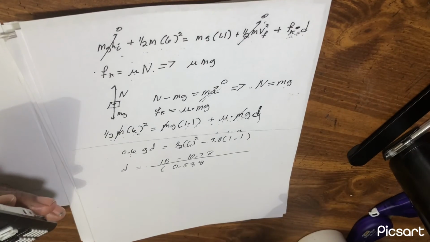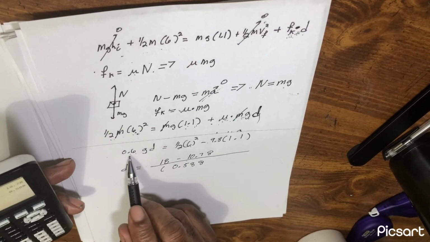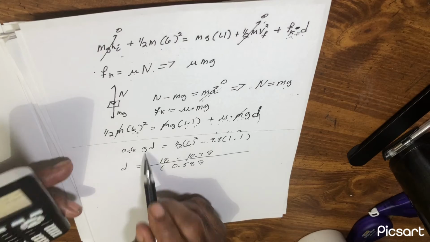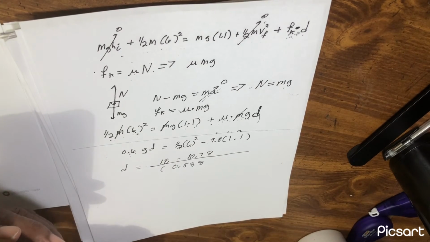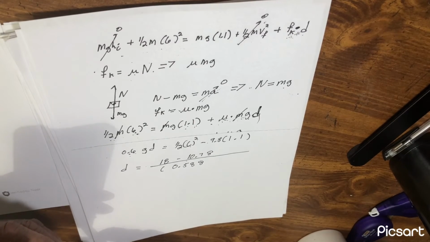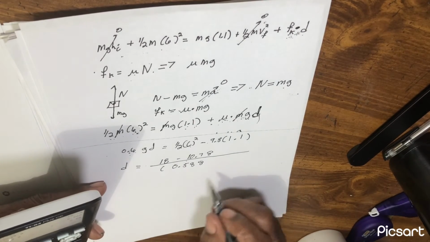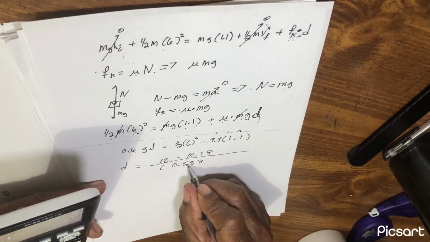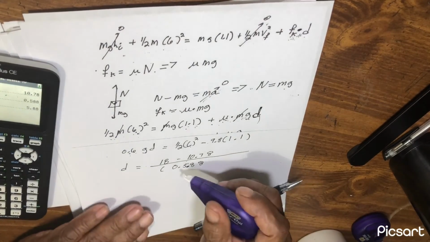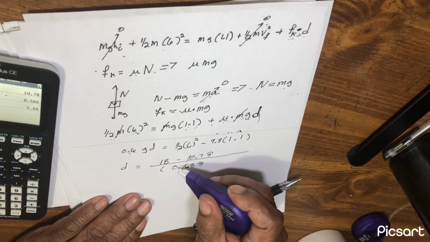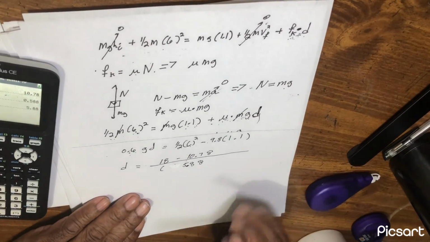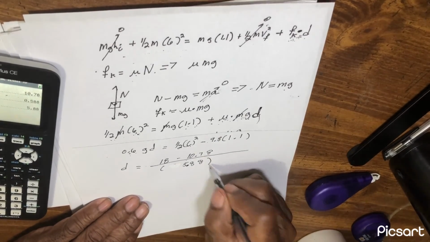So 0.6 times 9.8 is 5.88. Let me put this decimal right here, it was in the wrong place. That's 5.88.